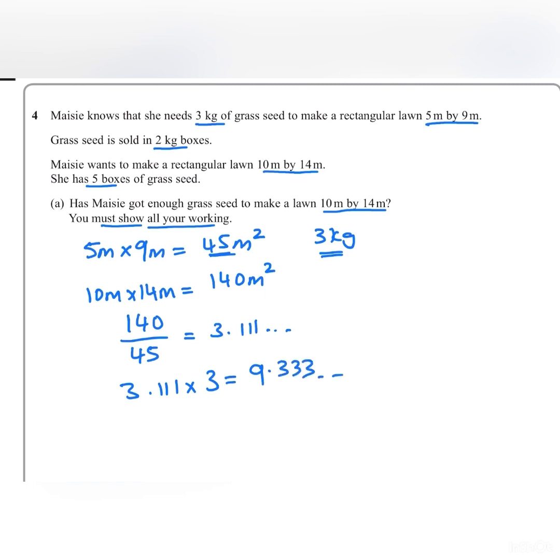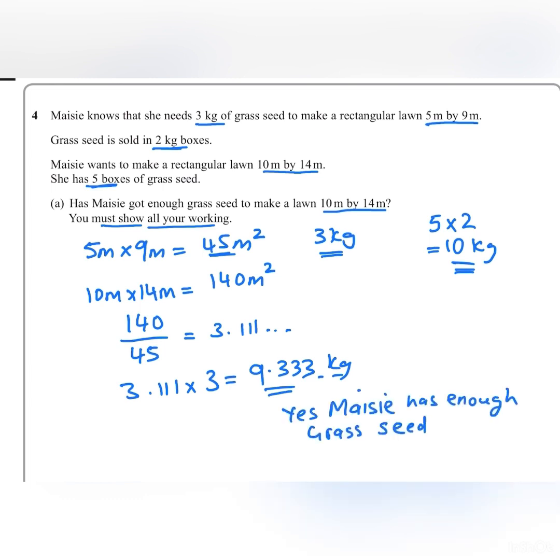And if the grass seed is sold in 2 kilogram boxes and she has 5 boxes, 5 times by 2 is 10 kilograms altogether. So the calculation shows this is how much we need and this is how much we have. So that means she has enough grass seed. Okay, so just write down your closing statement for this question.